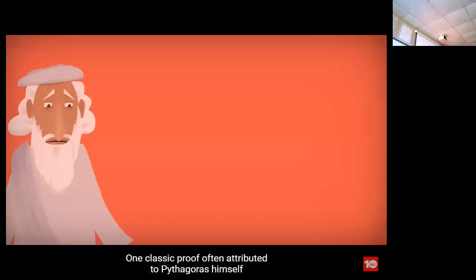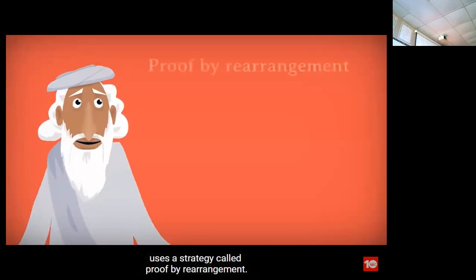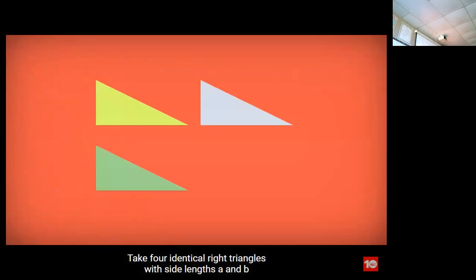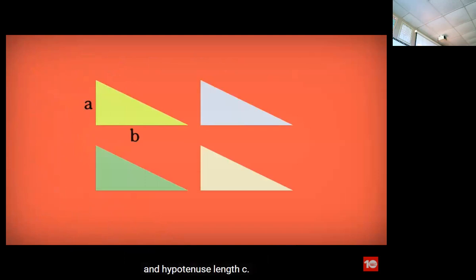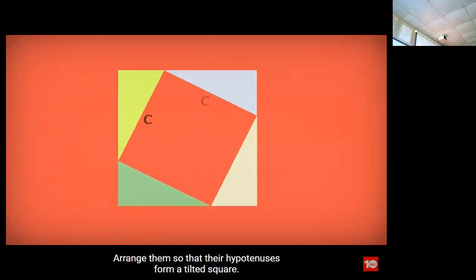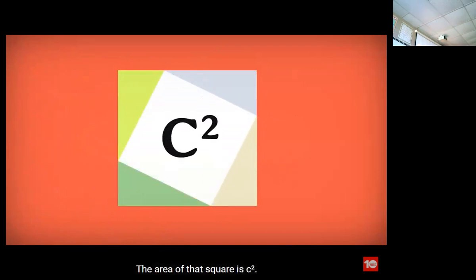One classic proof, often attributed to Pythagoras himself, uses a strategy called proof by rearrangement. Take 4 identical right triangles with side lengths A and B and hypotenuse length C. Arrange them so that their hypotenuses form a tilted square. The area of that square is C squared.